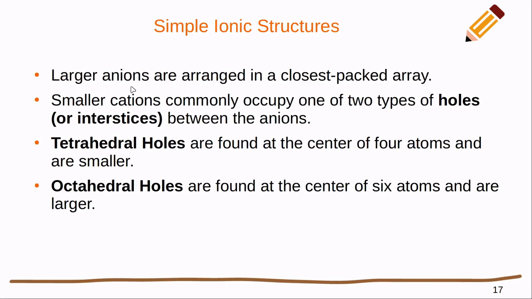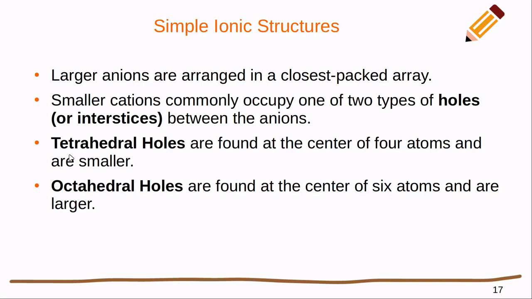Anions tend to be larger, have a larger atomic radius because they've taken on an electron. And so they tend to be packed in the closest packed array sort of configuration. Smaller cations commonly occupy one of 2 types of holes. These are called interstices, or interstitial areas between the anions. There's 2 types of holes that can be found.